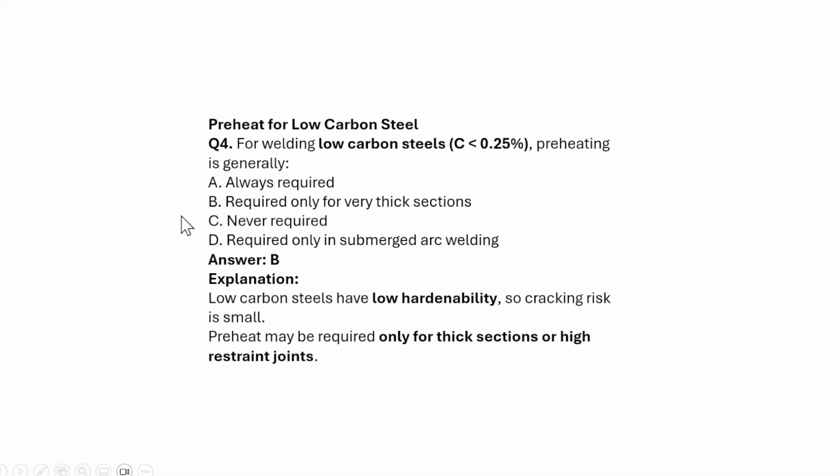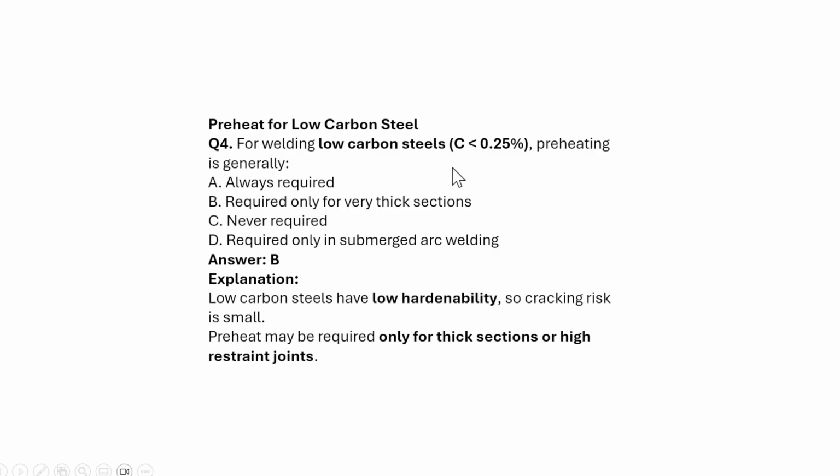For low carbon steel, if the carbon content is less, there is less possibility of becoming hardened. The options are: always required, required only for very thick sections, never required, and required only for submerged arc welding. It is required only for higher thickness, because once the thickness increases, the cooling rate becomes much higher.